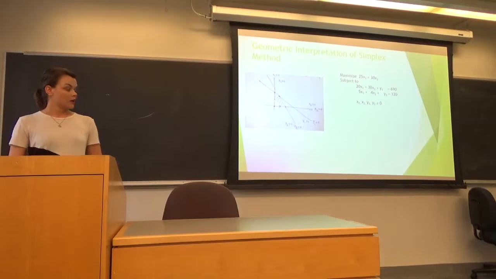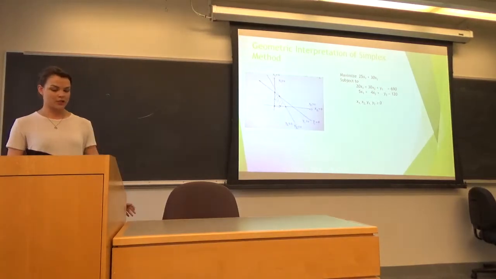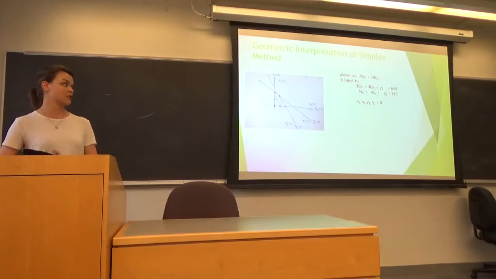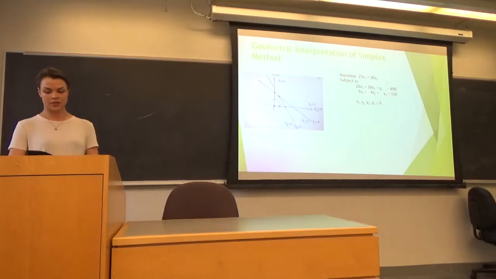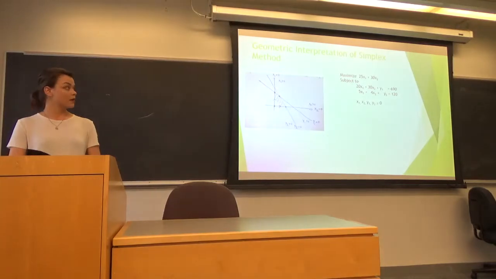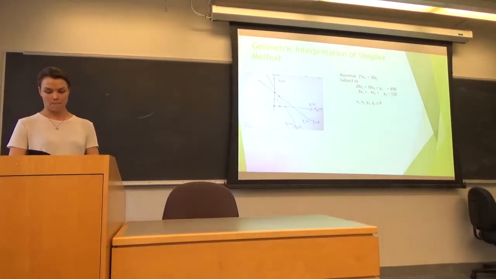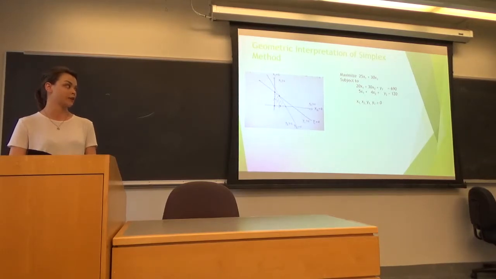So here is a picture of, given a function that we want to maximize, 25x1 plus 30x2, that's our objective function, and it's subject to some constraints, which were changed initially into canonical form by adding two slack variables, y1 and y2. So again, a feasible solution to the linear programming problem is one that satisfies all of these constraints, including x1, x2, y1, y2, all greater than or equal to 0.